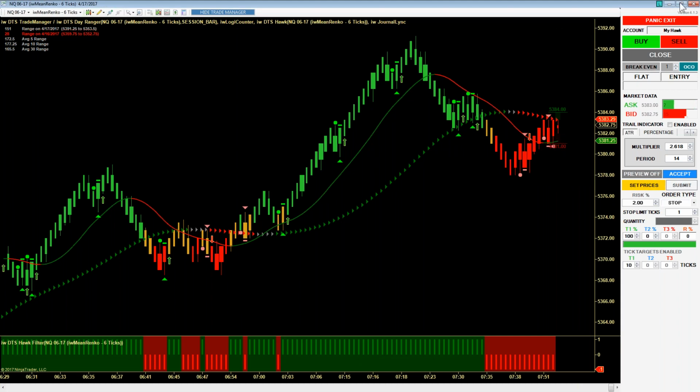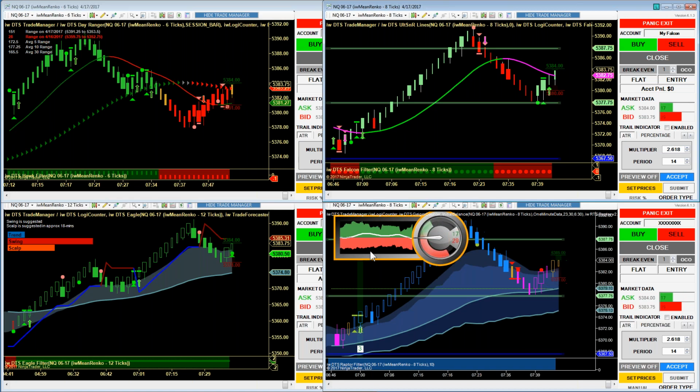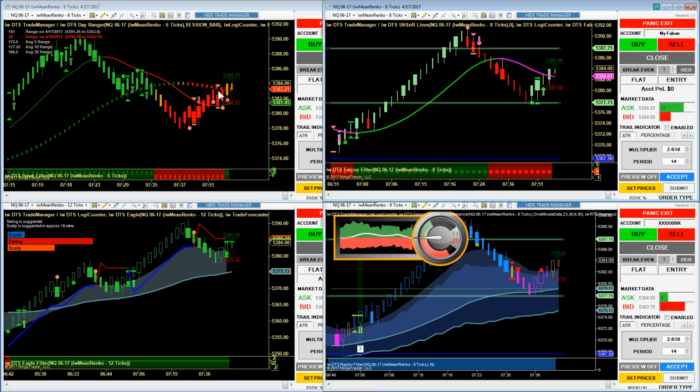Like I said, once we have that test of the extreme and the subsequent failure, it will be easier to short. Not quite as easy to short right now. And the Hawk is now into yellow bars, so that spoils that macro pullback signal.